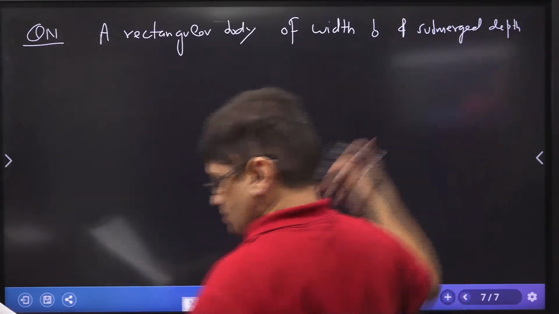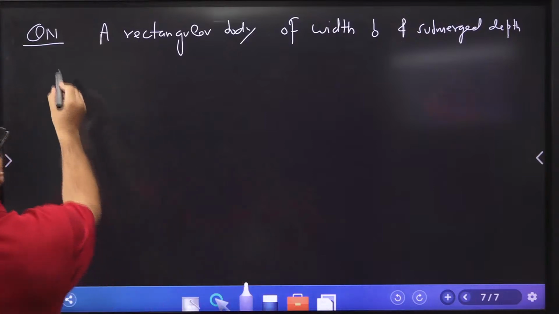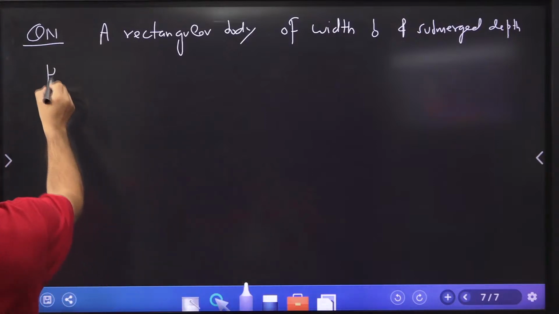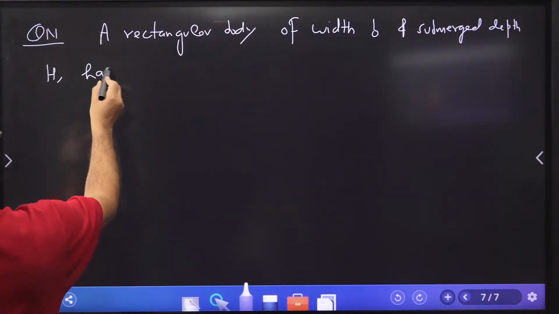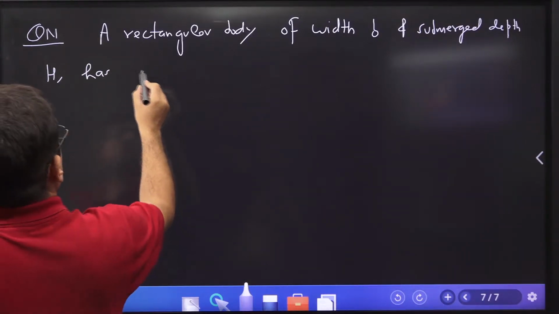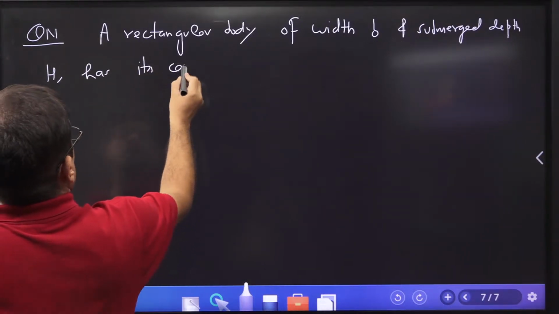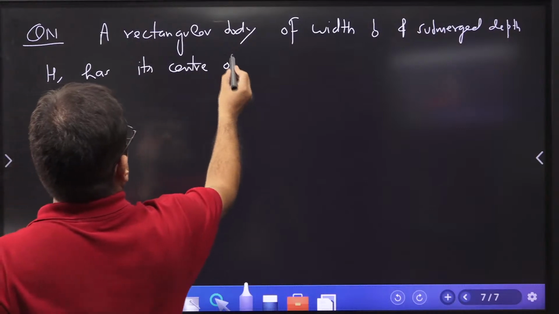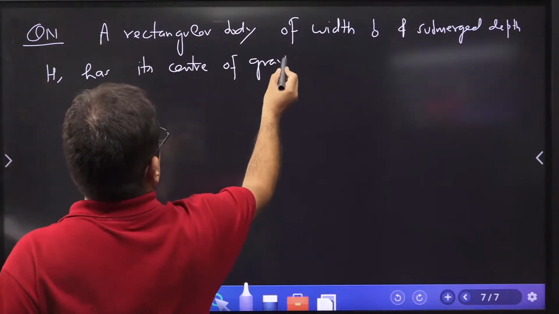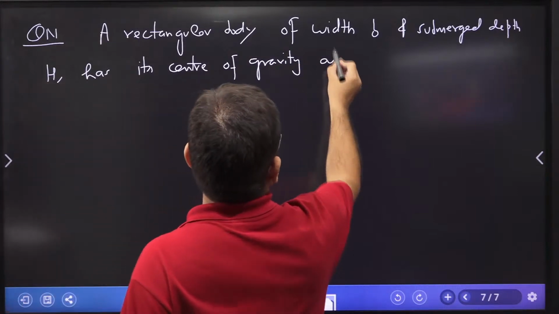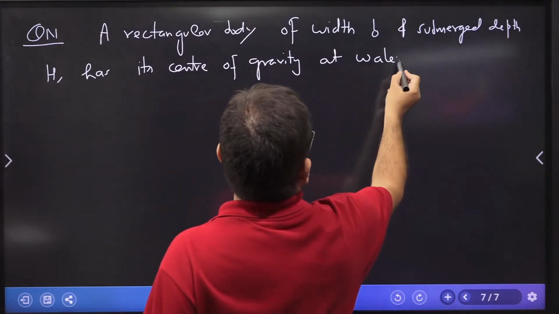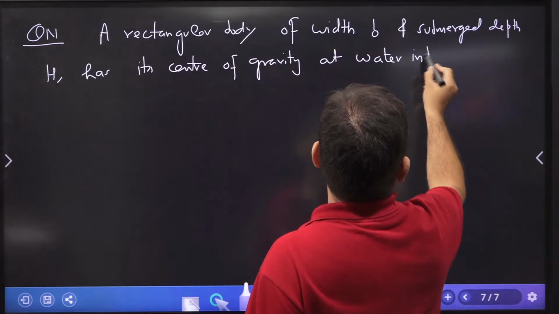Up to what depth it is submerged? Submerged depth of capital H, has its center of gravity at water surface, at water interface.